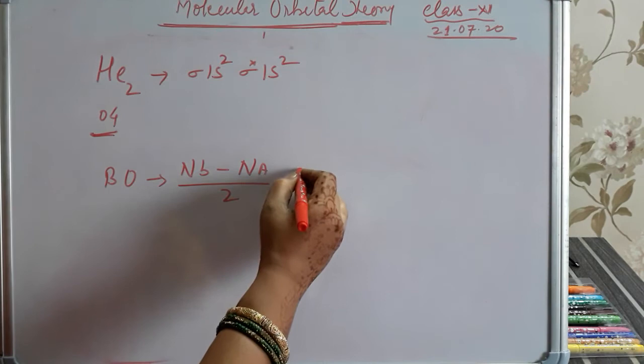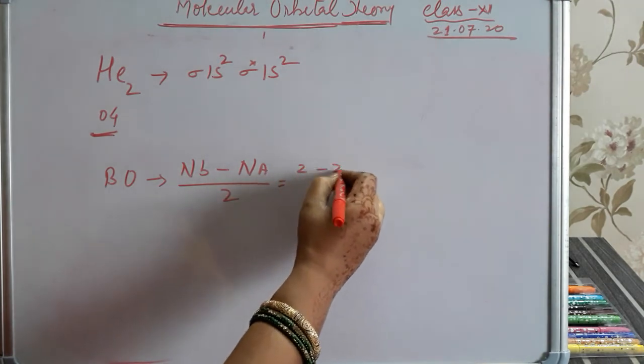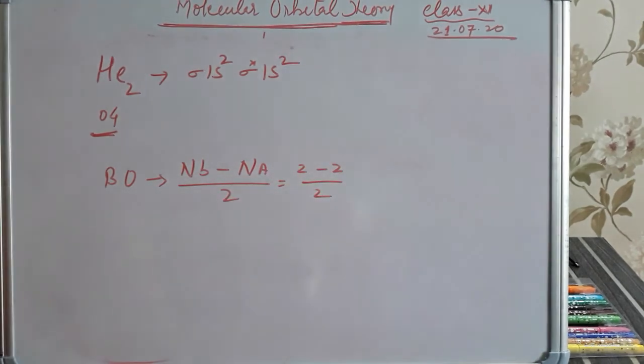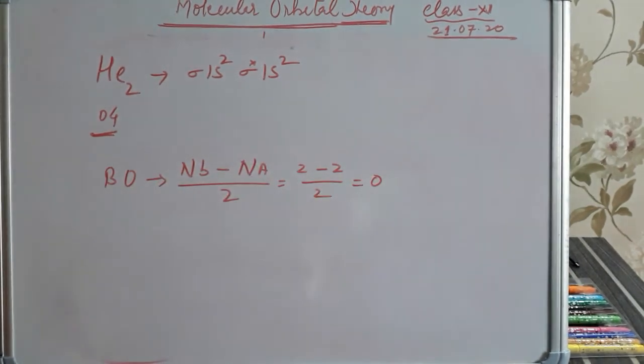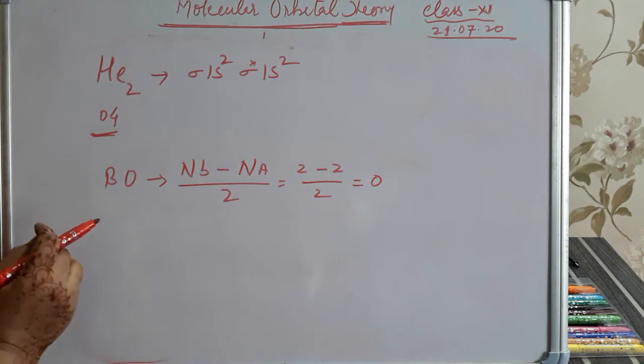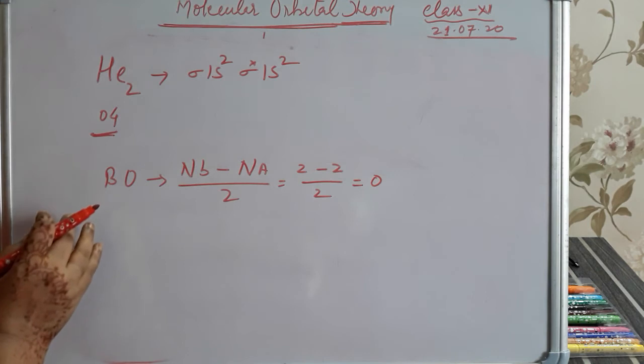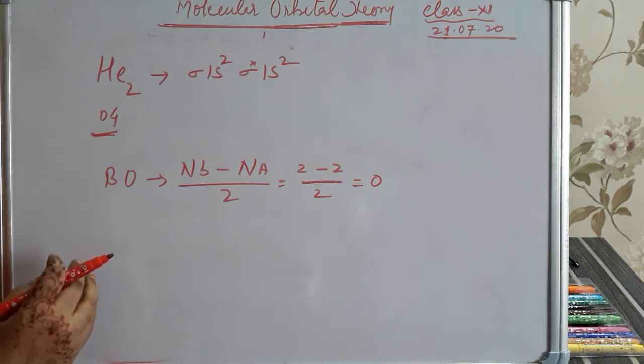So bonding 2, anti-bonding 2, by 2. So it comes 0. If the bond order comes 0, that means the molecule does not exist or is not stable in nature. That is the reason helium molecules do not exist in nature.